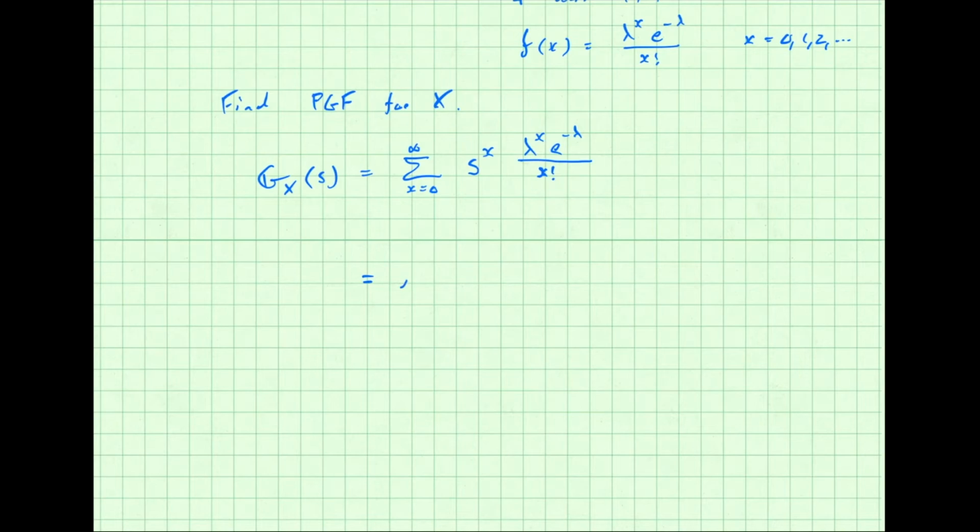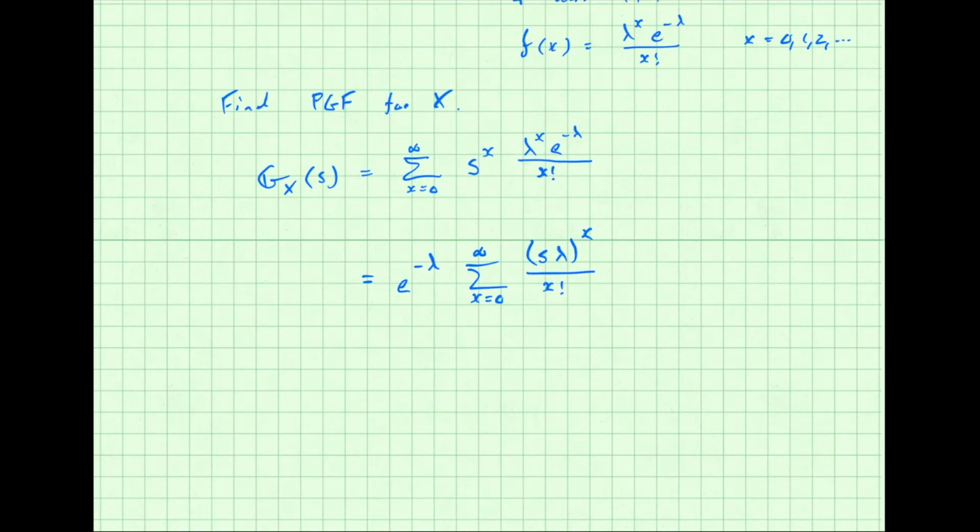So I'm going to do that. e to the minus lambda, and then I'm going to relook at the sum, x equals 0 to infinity, of s times lambda to the power x divided by x factorial.